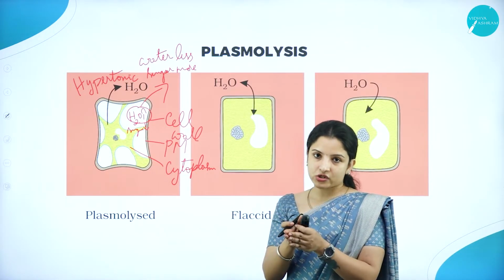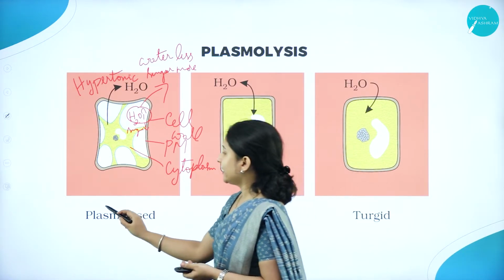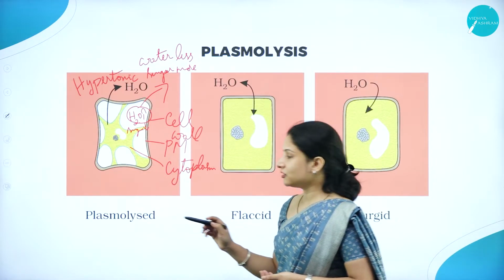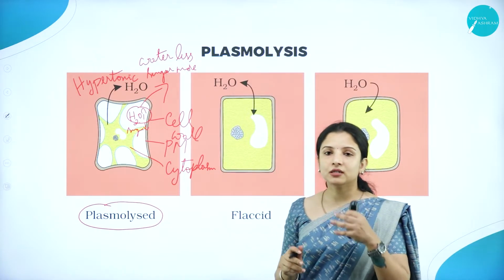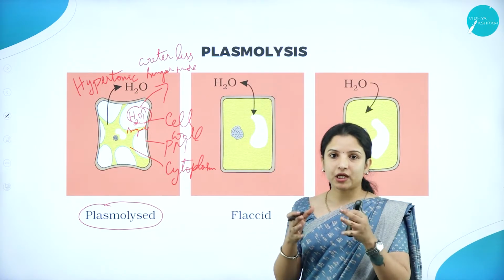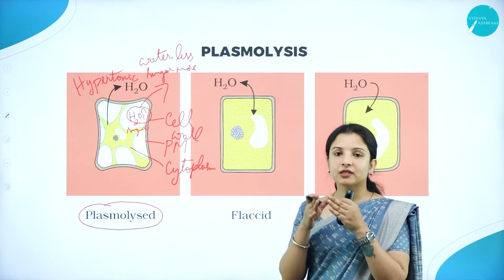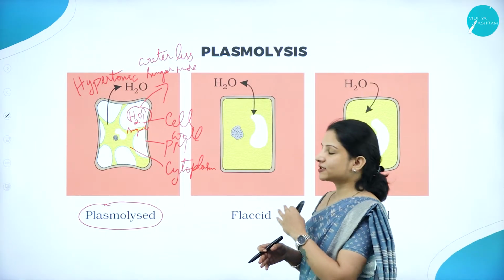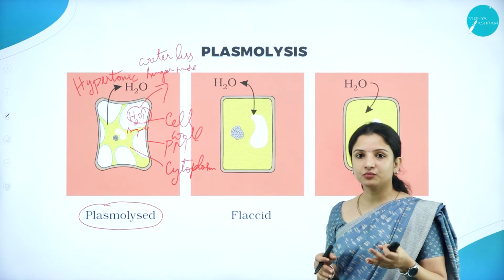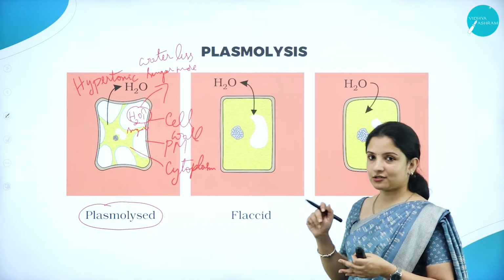The cells will shrink. That is why it is said that in a hypertonic solution, the cells get plasmolysed. The cytoplasm and the plasma membrane all shrink, leading to a reduction in the size of the cell.